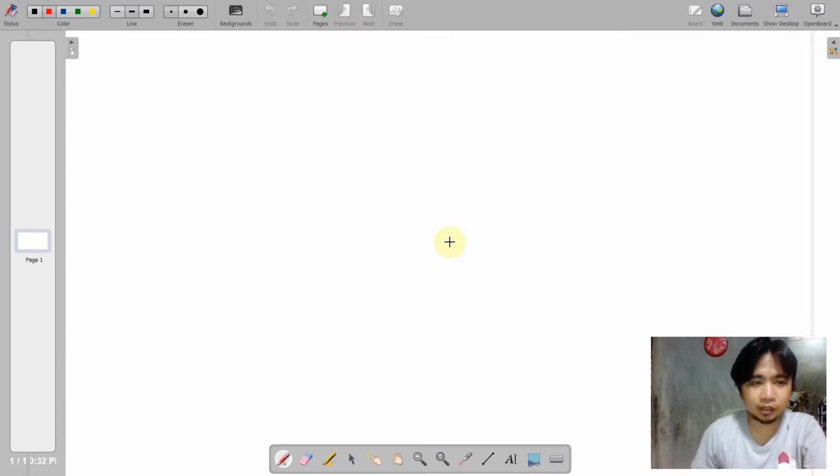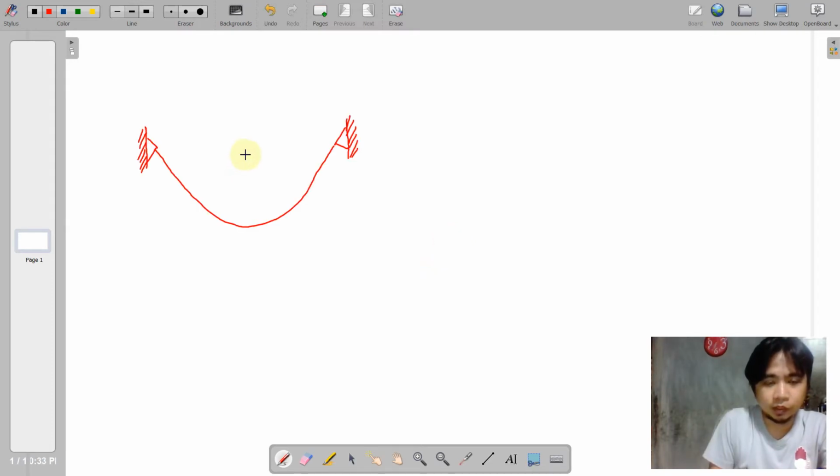It is simple to note the lowest and the highest point of the parabola. Say for example, if we have here a parabola carrying a distributed load W, we'll just consider the lowest point and cut it along that point.